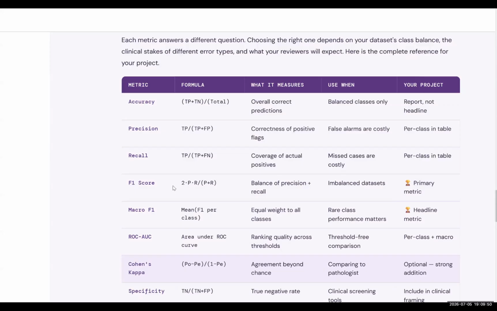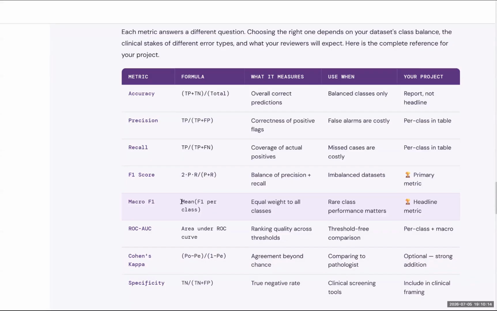F1 score is for each subclass. For example, if there's a breast cancer dataset, you'll get 8 F1 scores, one for each different class. And if it's the UBC ovarian cancer dataset, you will get 5 F1 scores. And if you take a weighted average or mean, you'll get it for your overall model.